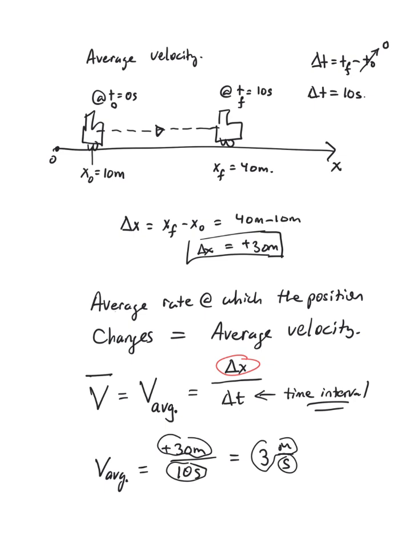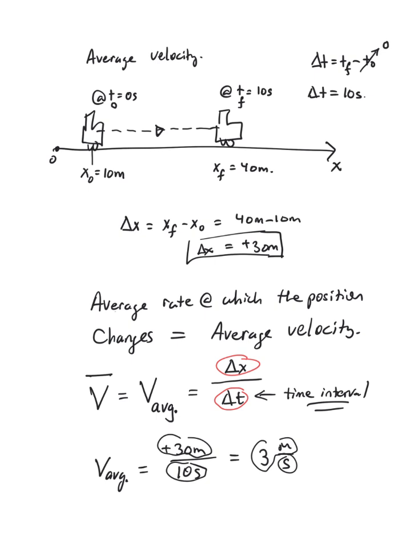Now, the reason I say that this is an average velocity is because this is an average taken over a time interval. So the time interval in this case is 10 seconds. And the average velocity is telling me how many meters of displacement occurs every second for 10 seconds.